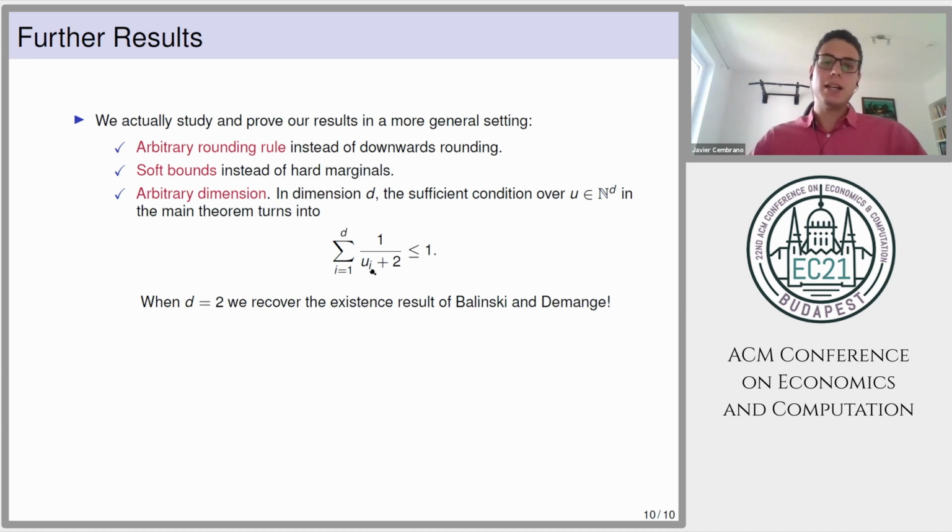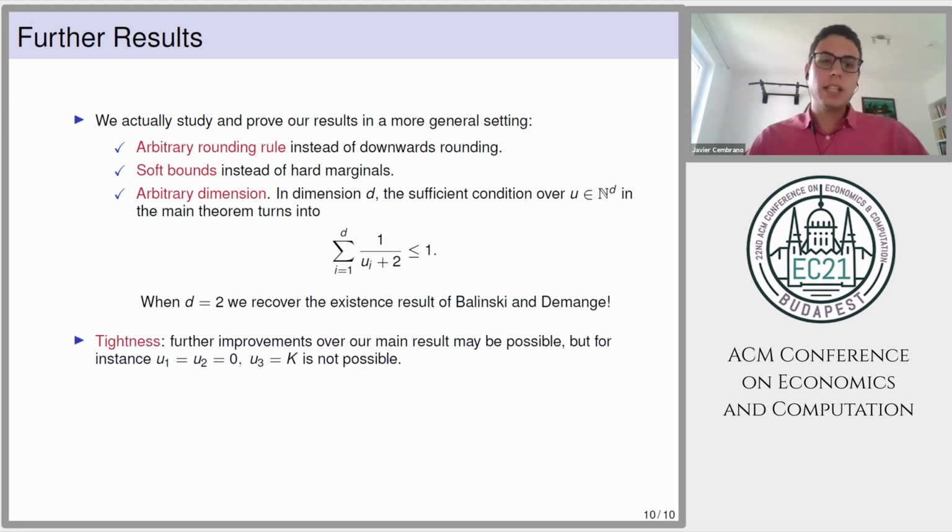And then we're saying that in 2 dimensions, there exists an apportionment satisfying proportionality and not deviating from the specified sums. Thus, we are basically recovering the existence result of Balinski and Demange that I mentioned at the beginning. So our general theorem for arbitrary dimension, in particular when applied in dimension 2, recovers this existence result for proportional apportionments, which is of Balinski and Demange.